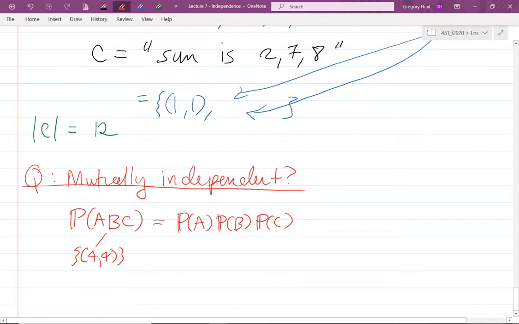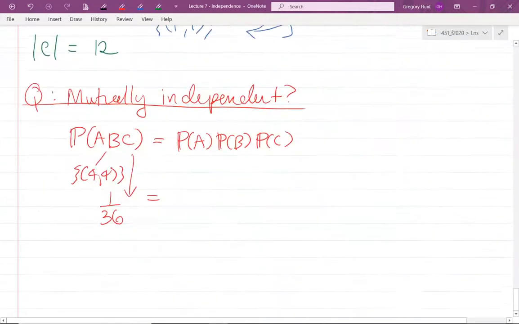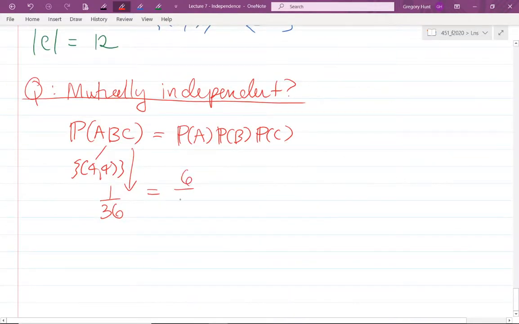And so the probability of 4,4 is, of course, 1/36. The probability of A is 6/36. We have 6 things in A. And we can multiply these. The probability of B is 18/36, and the probability of C is 12/36.